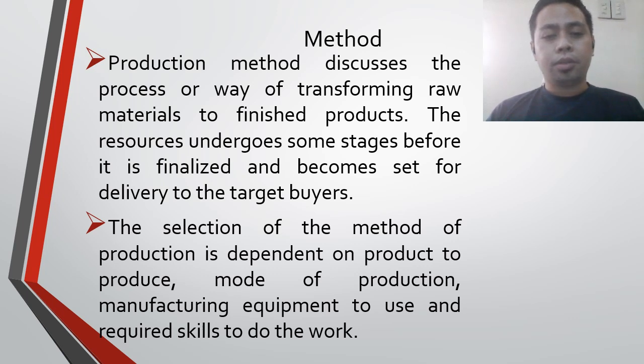The selection of the method of production is dependent on the product to produce, mode of production, manufacturing equipment to use, and the required skills to do the work. So basically, method refers to the system and step-by-step process in producing certain products. So it is the day-to-day operations of a business.